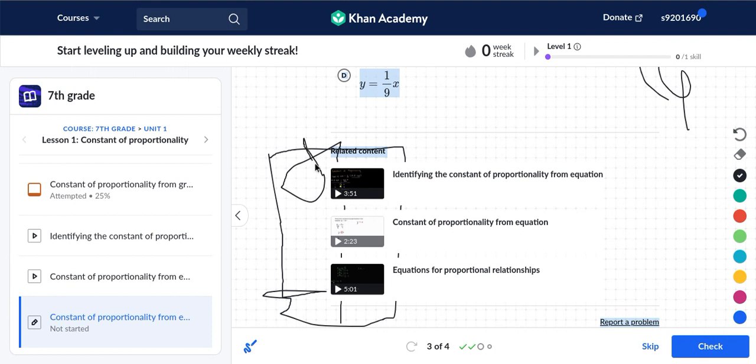One side will be the X. One side will be the Y. We gotta count by 3. So it's gonna be 3, 6, 9, 12, 15, 18, 20, 23.